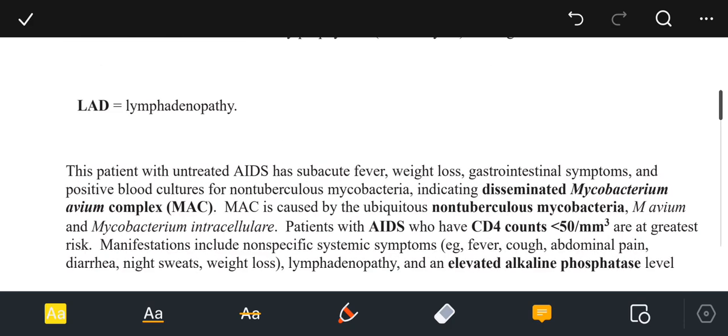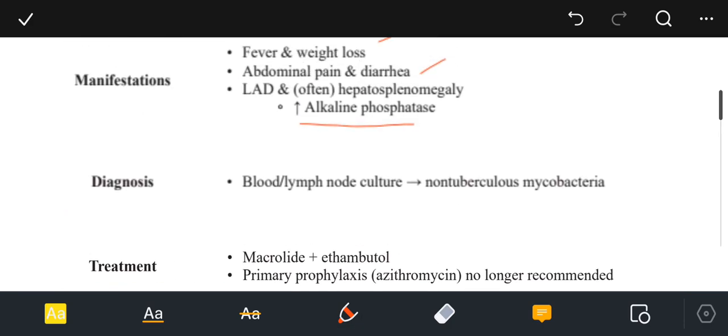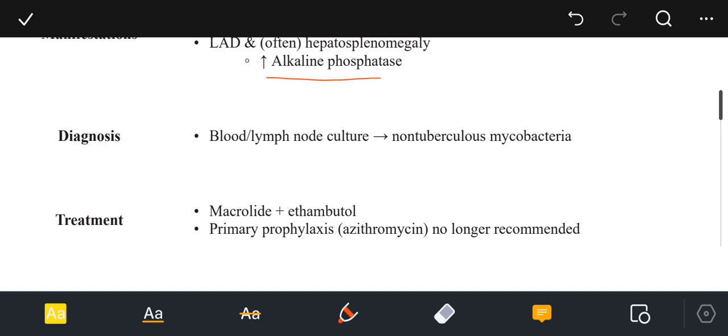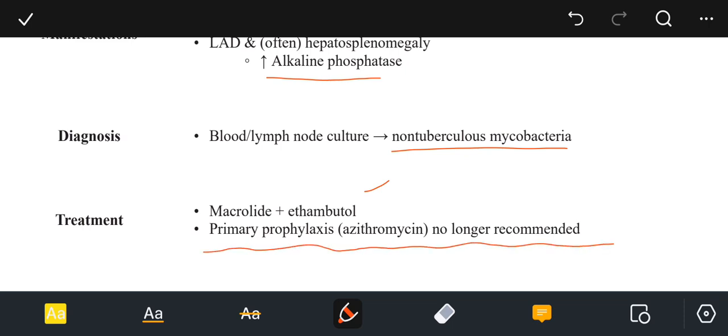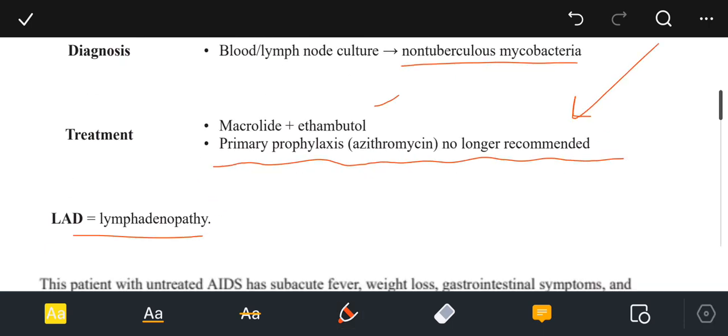LAD means lymphadenopathy. Then we have diagnosis, that is blood or lymph node culture will lead to the growth of non-tuberculous mycobacteria. Treatment is with macrolide with ethambutol. Primary prophylaxis with azithromycin is no longer recommended.